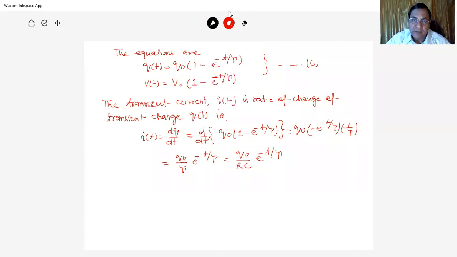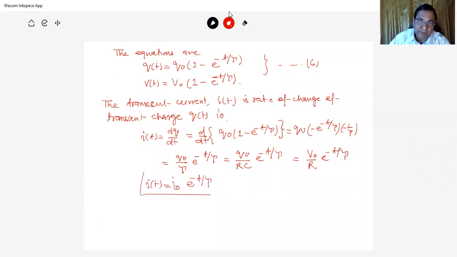So Q upon C is V, that is V0 by R e raised to the power minus t upon tau. V0 by R is I0, so I0 e raised to the power minus t upon tau, that is I(t). This is equation number 7, the transient current and transient voltage.